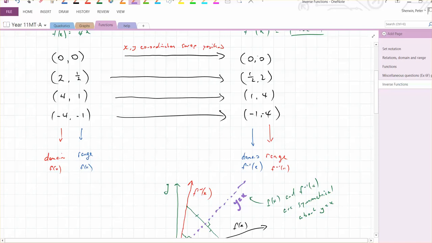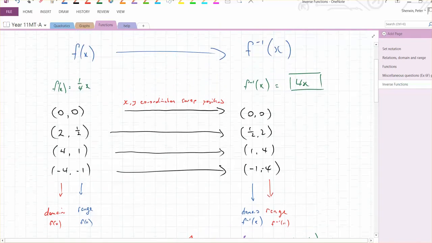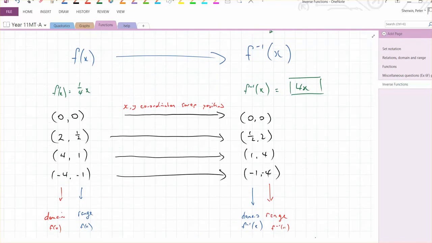But look over here, they become the range of the inverse function. Stands to reason that the range of the original function, because they now become the x coordinates in the inverse function, becomes the domain of the inverse function. So the domain and range are interchanged naturally as a consequence of the x, y coordinates swapping their positions around.